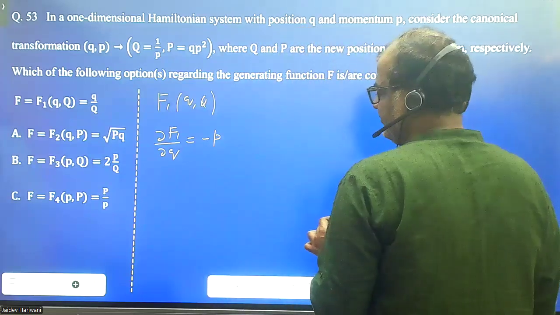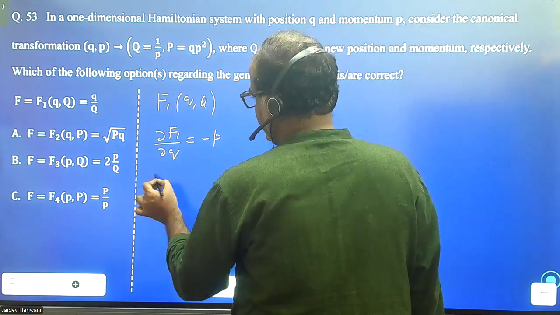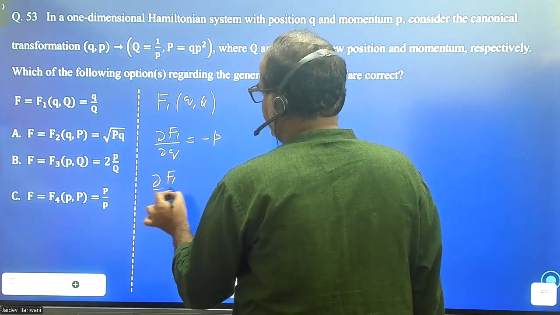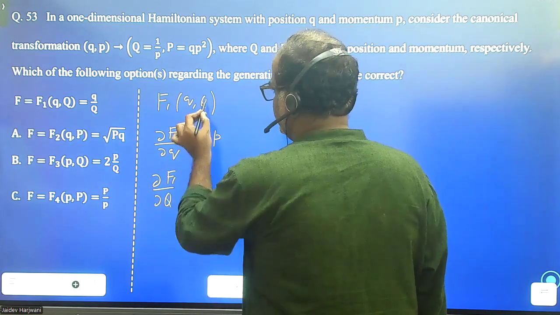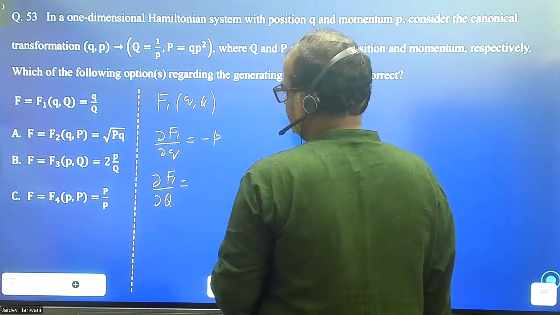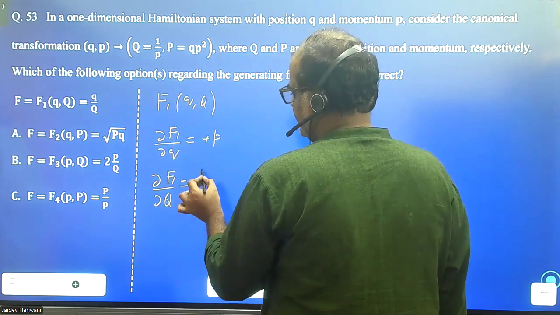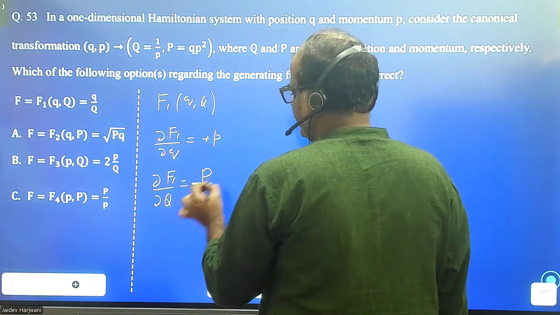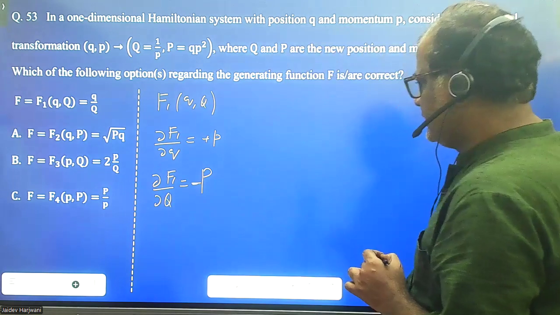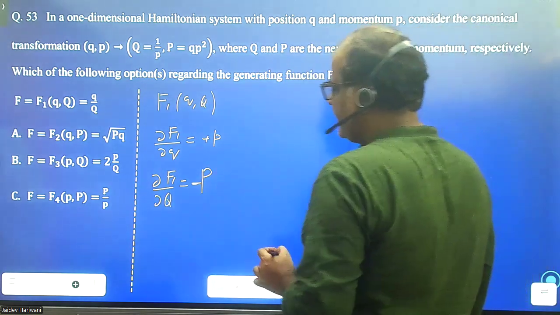At the same time, the derivative of F1 with respect to capital Q will be minus capital P. So small p and capital P are negative always.